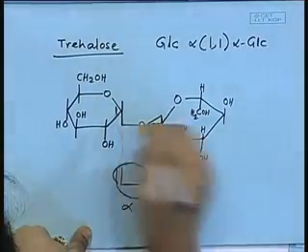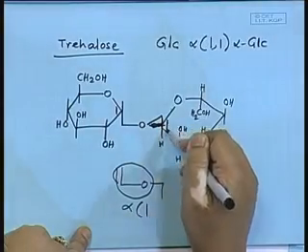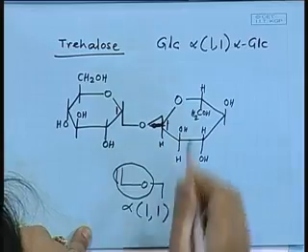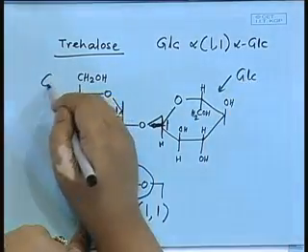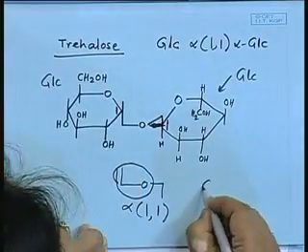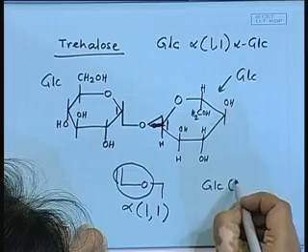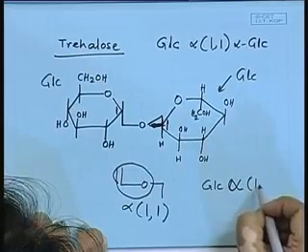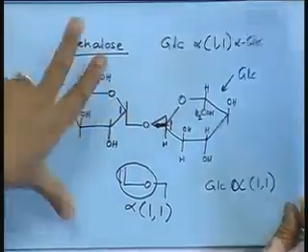It is carbon number 1. This is carbon number 1. So, these two units are glucose and glucose. So, glucose alpha, should be alpha 1,1. That gives rise to trehalose.